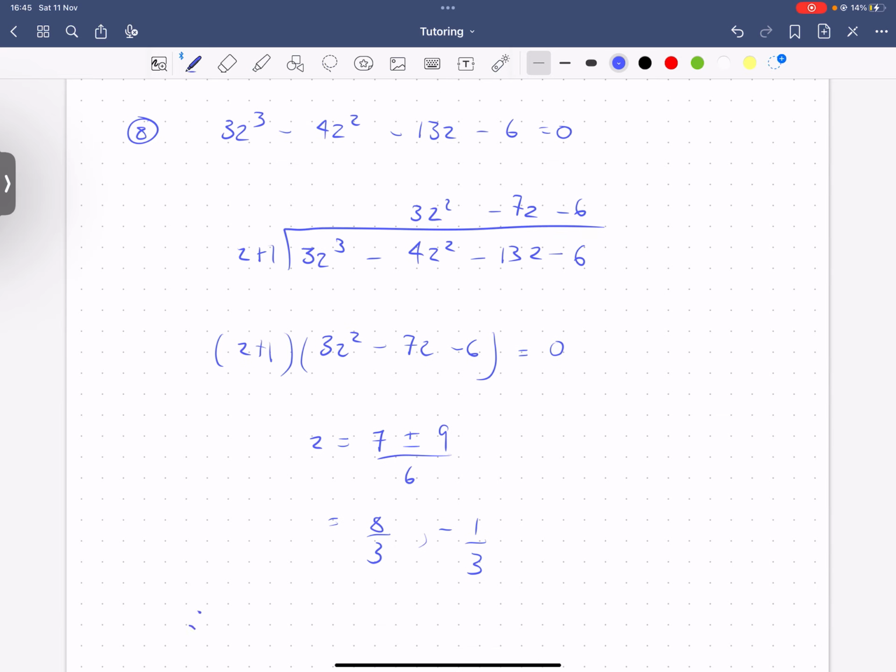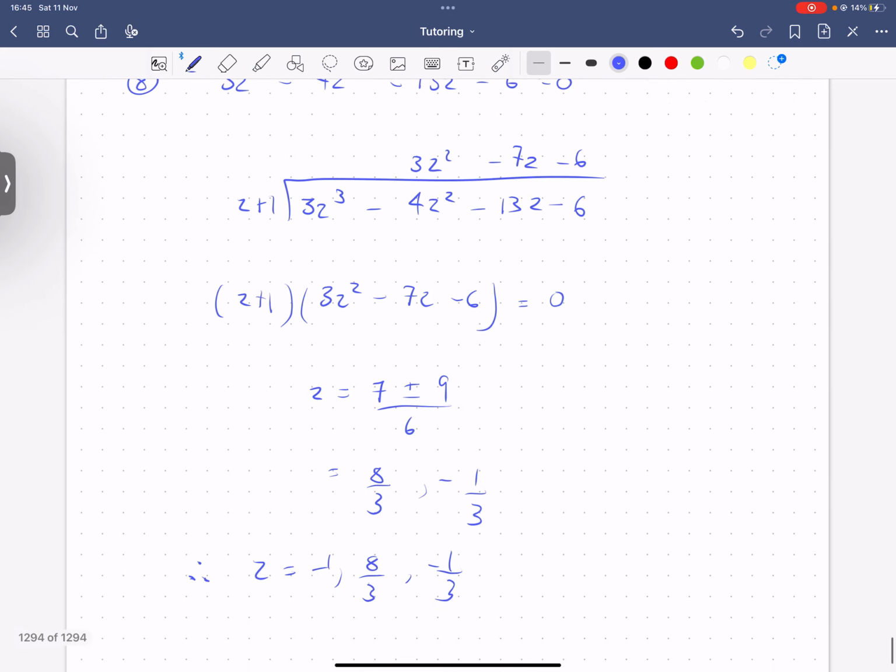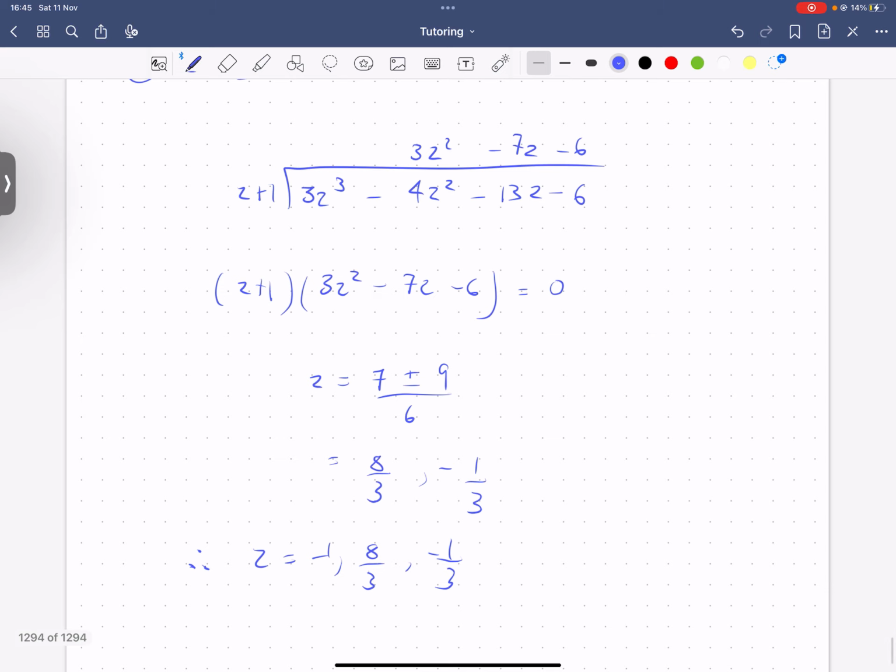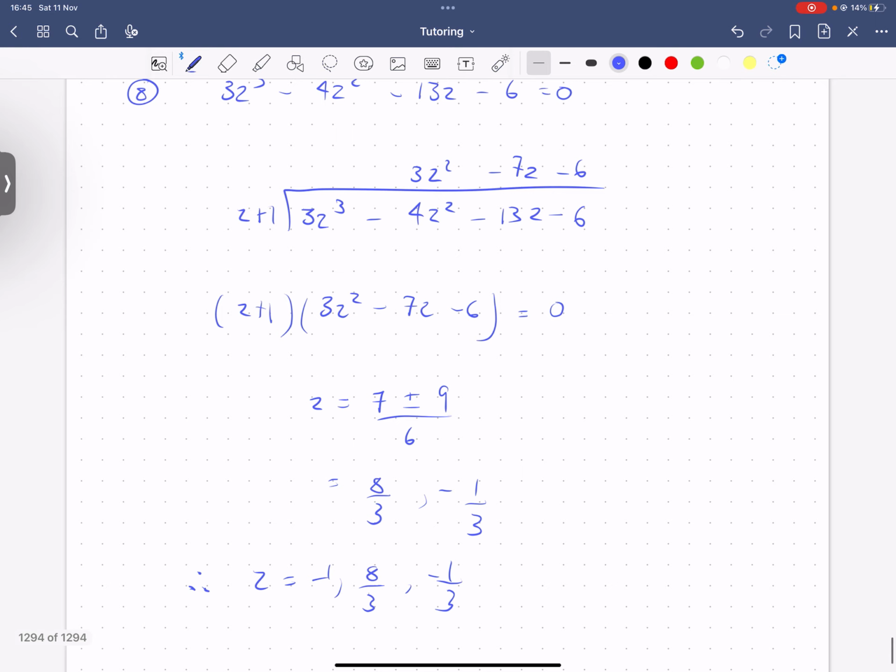So therefore our solutions are z is equal to minus 1, 8 on 3, or minus 1 on 3. It's a bit different from what the answers had, so I might just check if I've done something wrong. It'd be 7 squared minus 4 times 3. Oh, no, I have done something wrong. Ignore me.